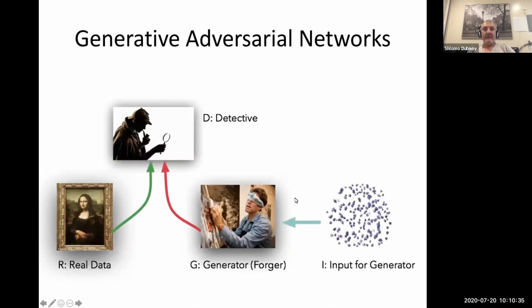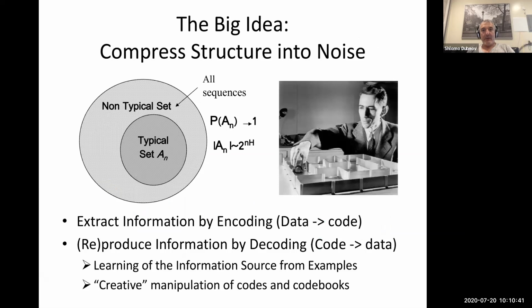We spoke about generative adversarial networks, this is the slide we have already seen. And we spoke also about the idea that the information source is represented as a probability distribution. If we sample long enough from that source, we actually extract only some subset, the typical sequences, the phrases, things that capture the global structure, and the entropy and the compression is one way of coming up with this representation, this code book.